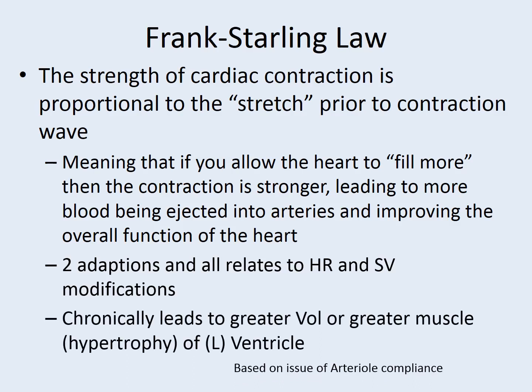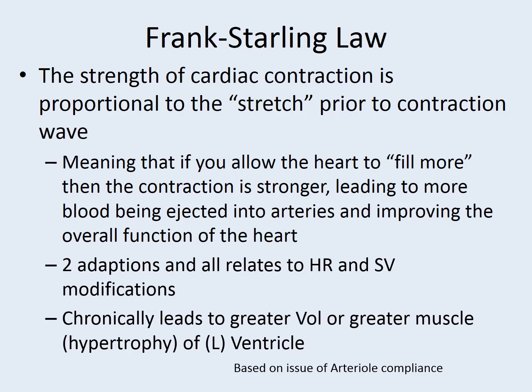Chronically, this leads to two distinct ventricular adaptations. We either get a greater volume of the ventricles, or we get a greater muscle amount of the ventricles, meaning that we get what's usually referred to as ventricular hypertrophy. This chronic adaptation is all based off of arterial compliance.